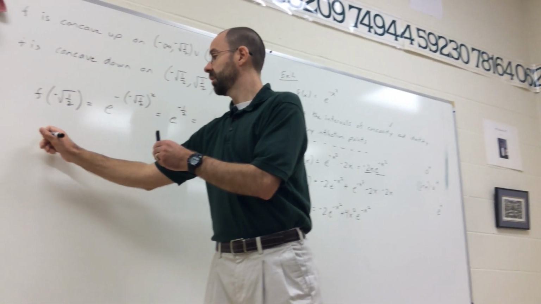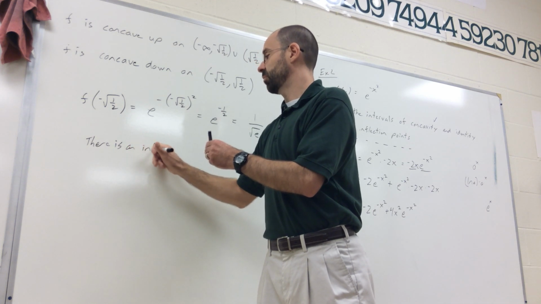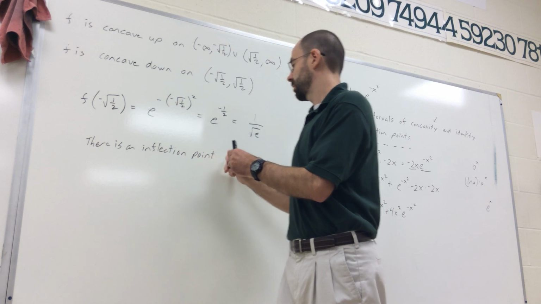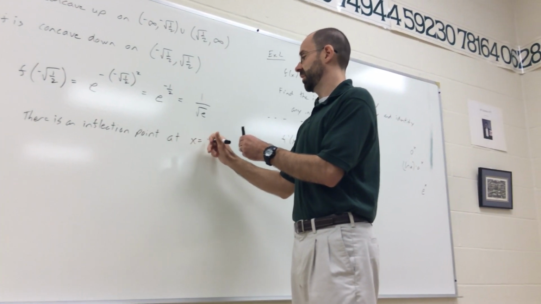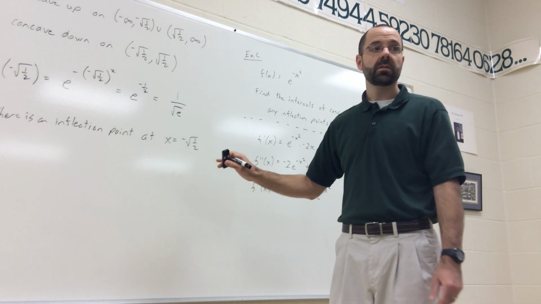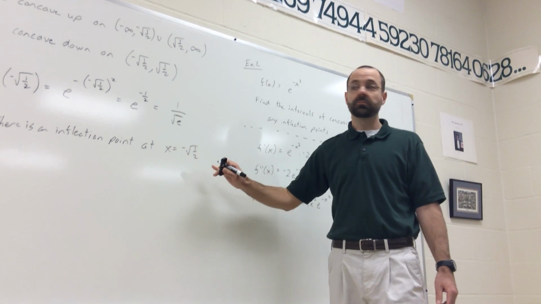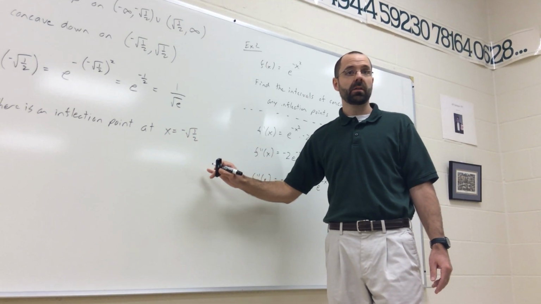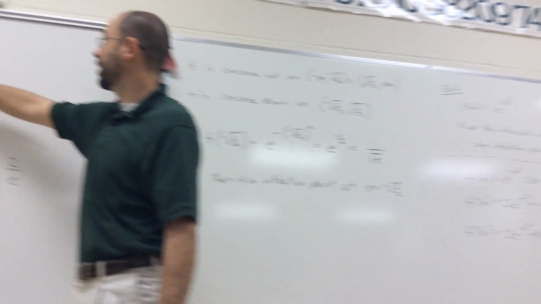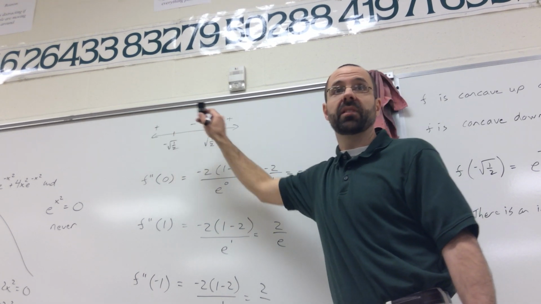All right, so there is an inflection point at x equals negative square root of 1/2. And the value is 1 over the square root of e, right? We also have a strong suspicion that there's an inflection point here at positive square root of 1/2, because the concavity switches from negative to positive there.